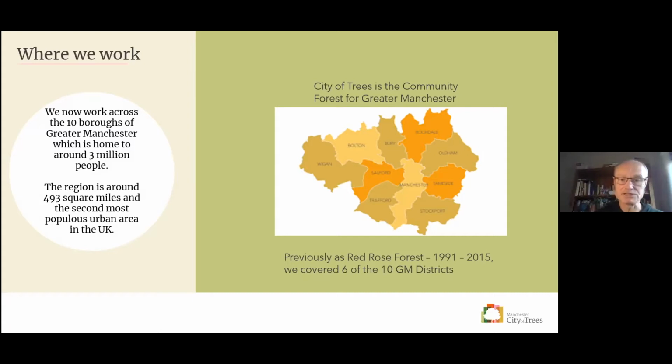It's a conurbation, a city region of 3 million people, and it covers an area of approximately 493 square miles, and it's the second most populated urban area in the UK. Between 1991 and 2015, we were actually called Red Rose Forest, and we only covered 6 of the 10 districts. So it was in 2015 that we became City of Trees.